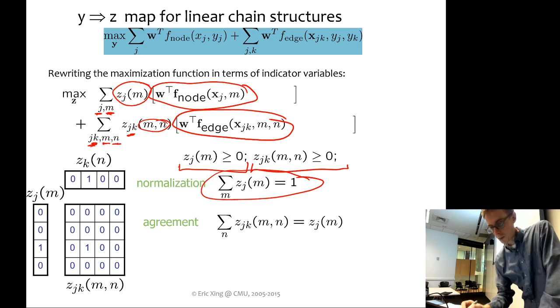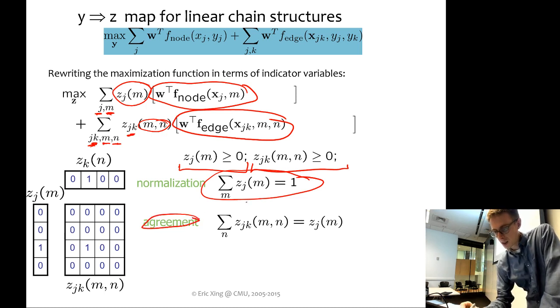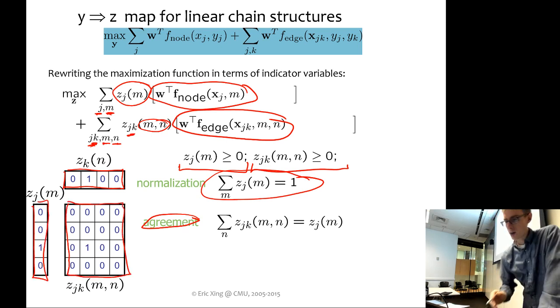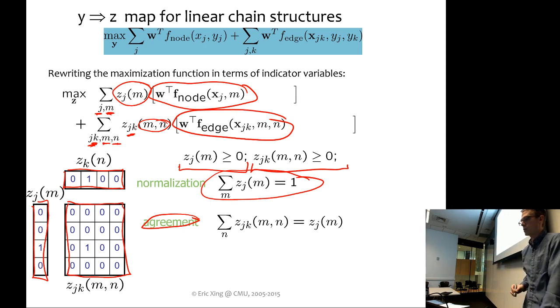And similarly, we have to have agreement between the indicator variables for a variable and the indicator variables for the pair of variables.